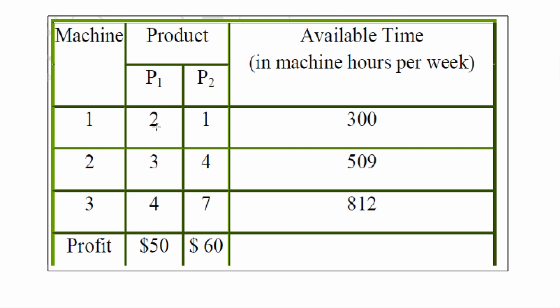B1 needs 2 hours to manufacture 1 unit of it, and B2 needs 1 hour to produce one unit of B2. The total available time for both products on machine 1 is 300 hours per week.